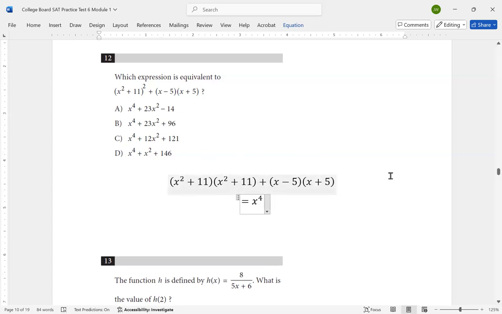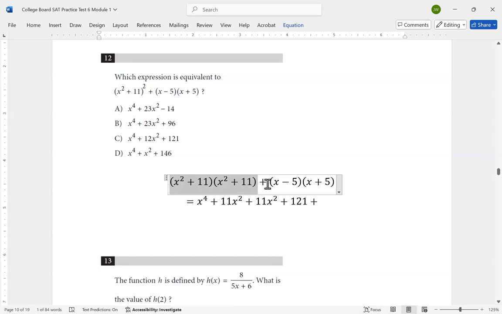X squared times 11 is 11x squared. 11 times x squared is another copy of 11x squared. And then 11 times 11 is 121. So that's what I get out when I expand this first part out.